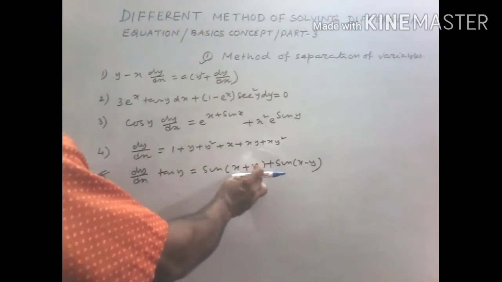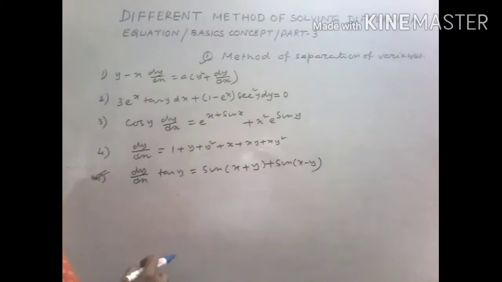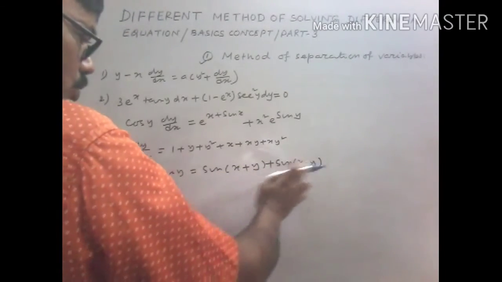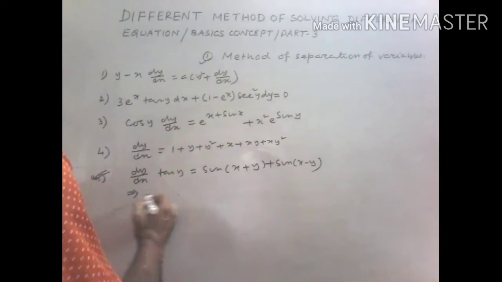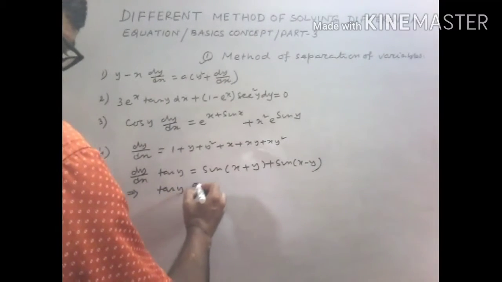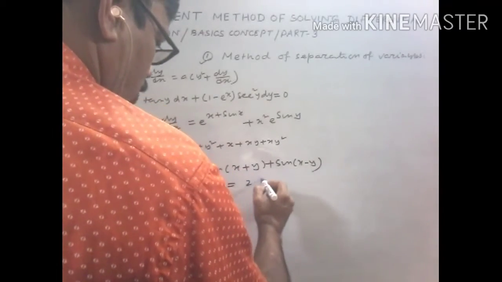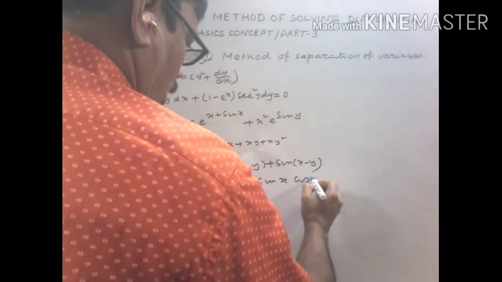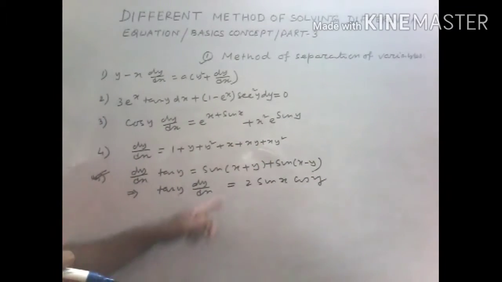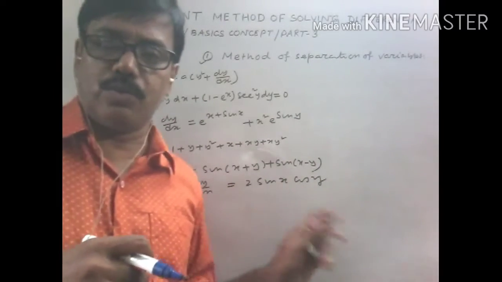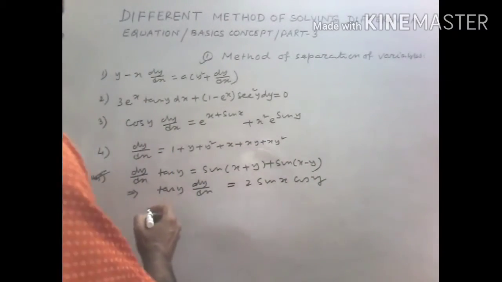If it is in this form, we cannot separate the variables because it is in plus form. So we use the formula of sin C plus sin D, which gives 2 sin x cos y.